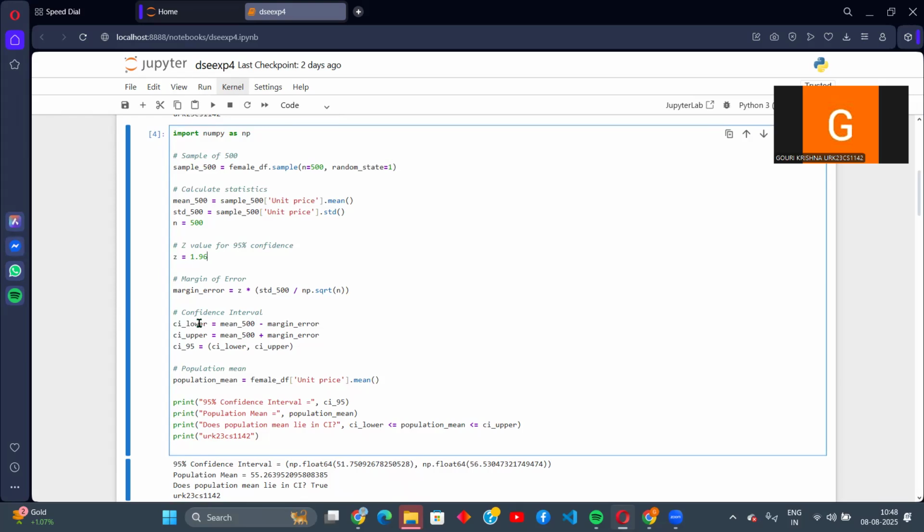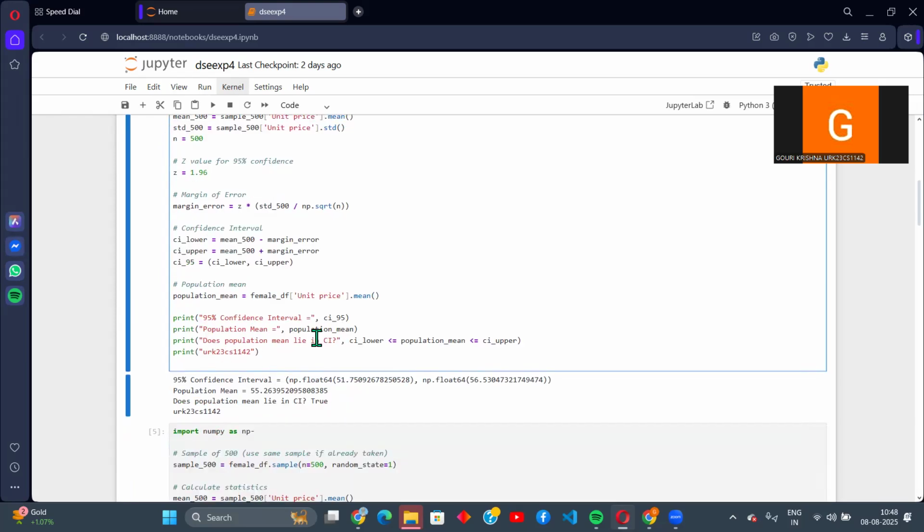It checks whether the true population mean lies inside that CI, and it prints the output like 95 percentage confidence interval equal to this. Does the population mean lie in CI? That's the question. So it is true.